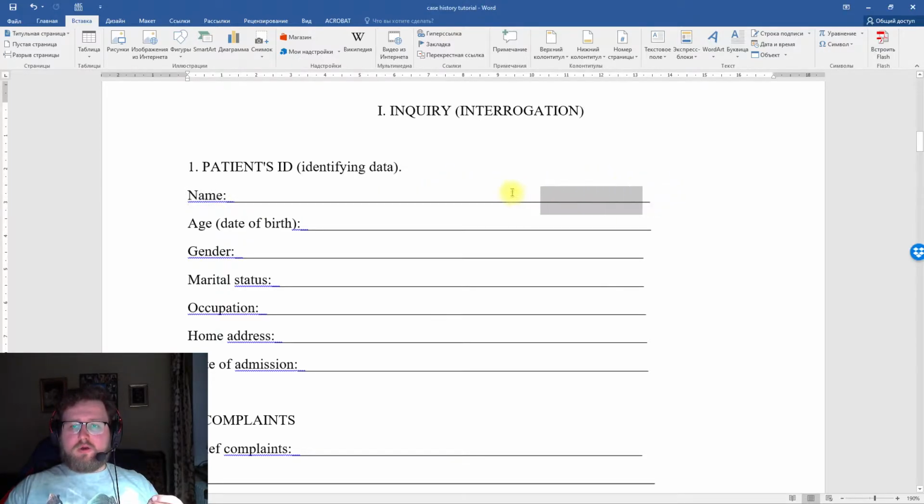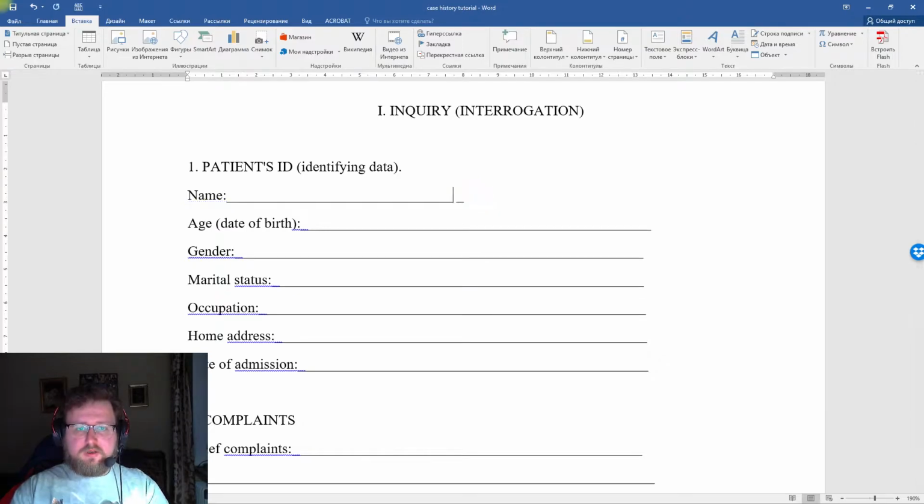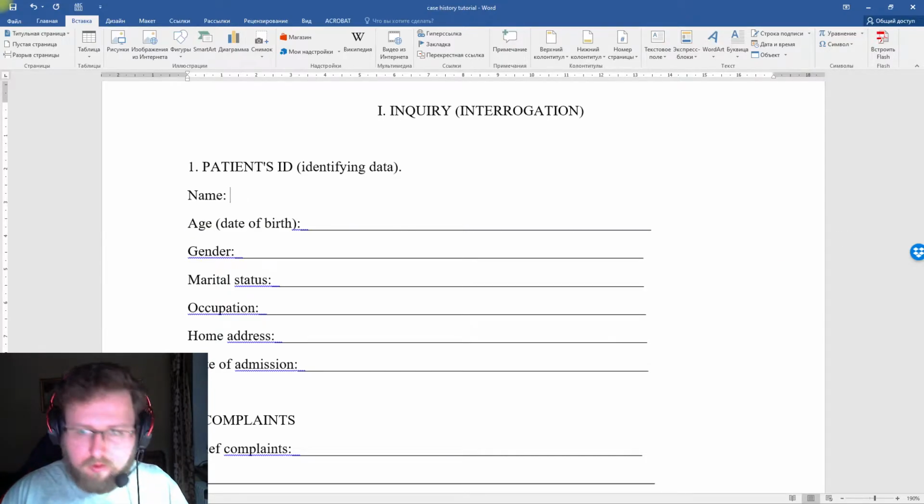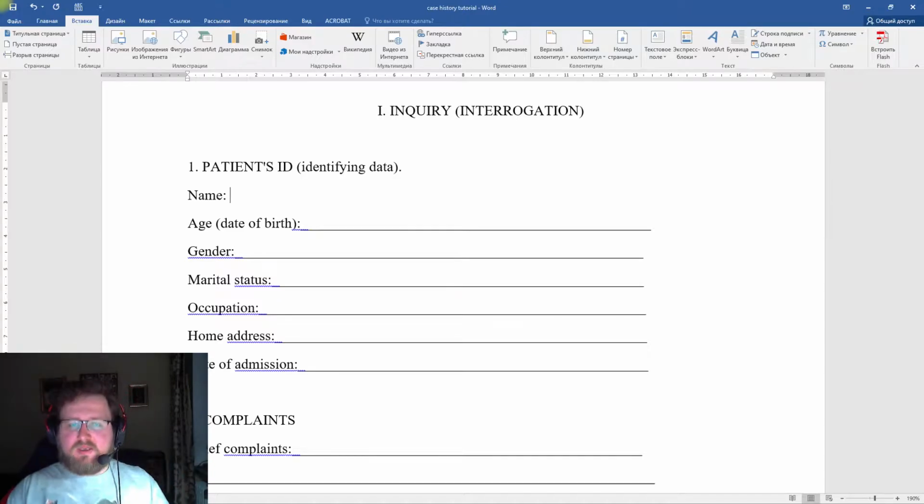When you work in real life, in the real field, you will ask, of course, for the patient's ID, the passport or whatever, but as we are writing the academic history of a patient's case, we're going to fill it in by ourselves.